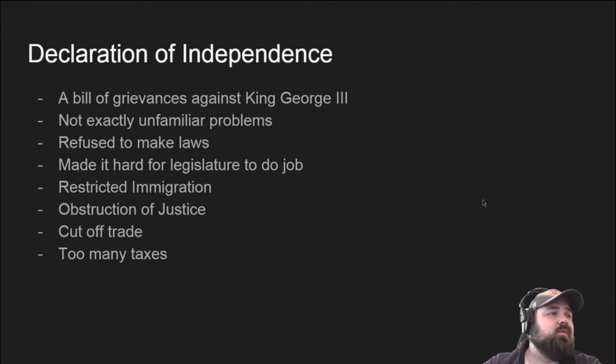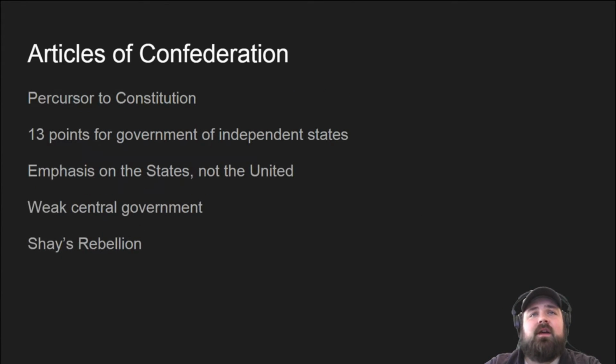So in doing this, we created the Articles of Confederation. This is the first political document that governs our country. This is what actually creates the United States of America. And I say that in a very particular way. When I say the United States of America under the Articles of Confederation, I am putting the emphasis on the word states, not united.